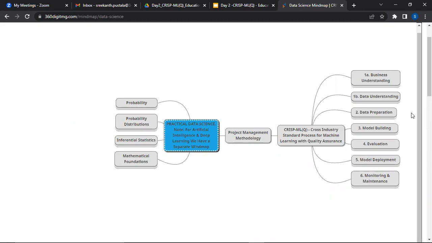So these are the six different phases that are important. When it comes to business understanding, we have to understand the project objectives.